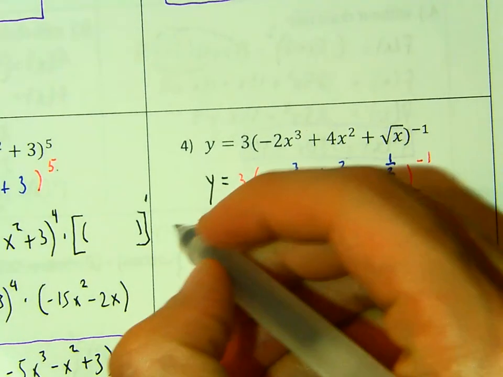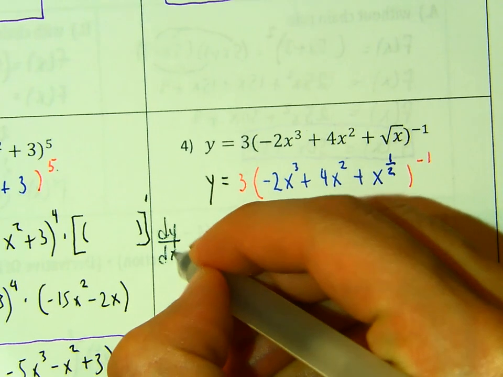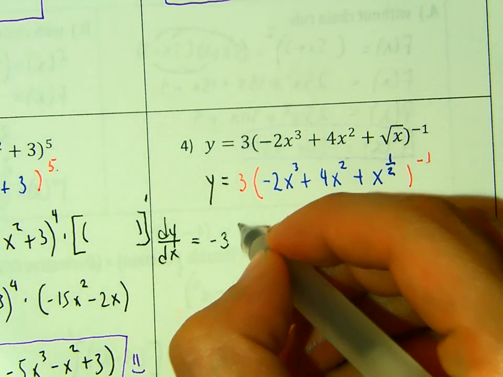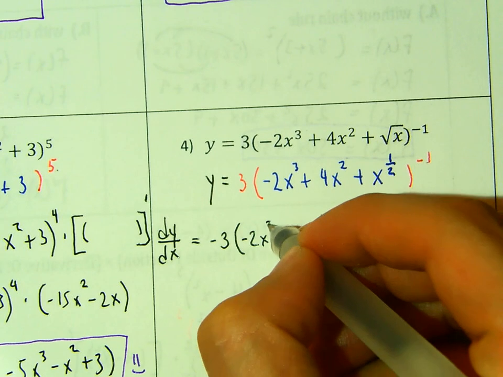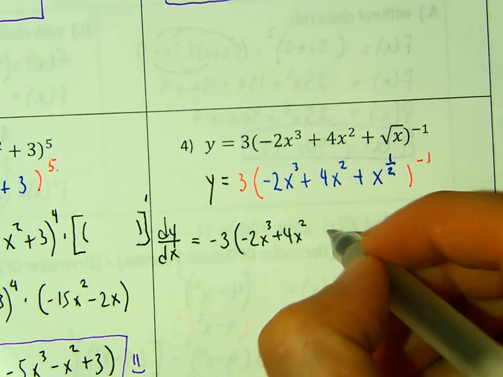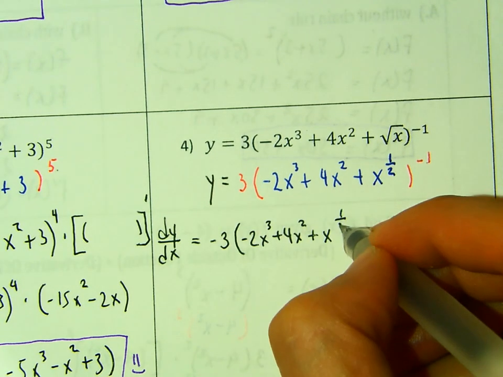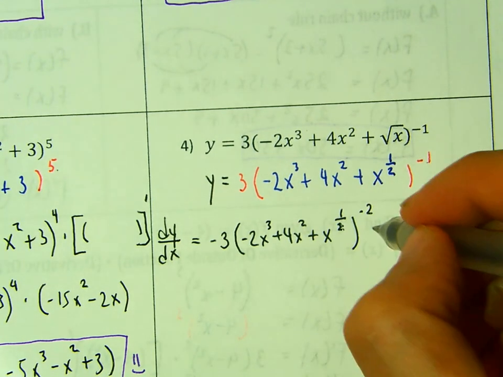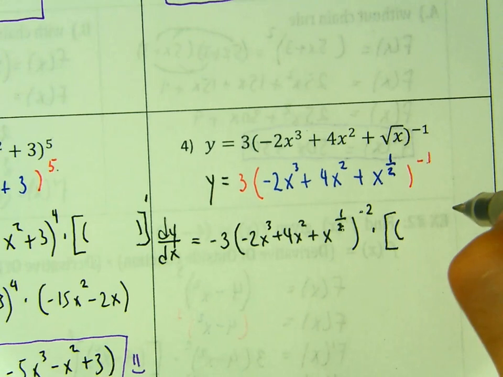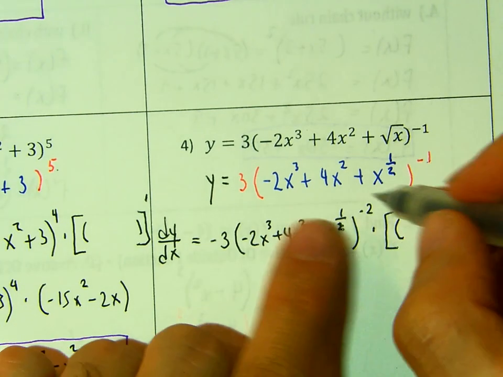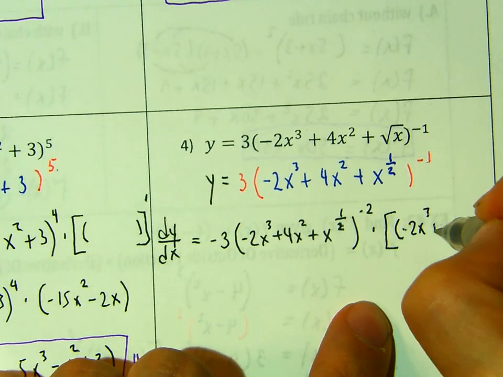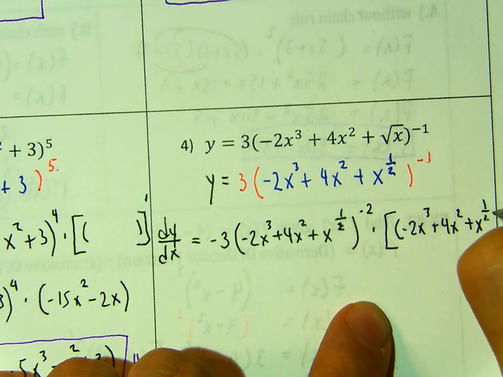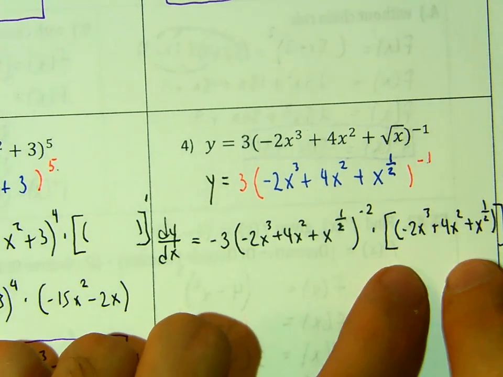So now here, let's say dy dx is equal to -1 times 3 is -3, parentheses, -2x cubed plus 4x squared plus x to the 1/2, parentheses, now this should be -2, times the derivative of this, of -2x cubed plus 4x squared plus x to the 1/2, and we're going to take the derivative of the inside.